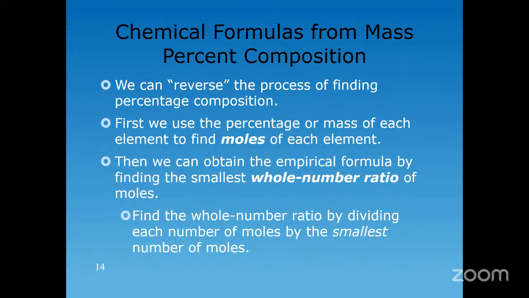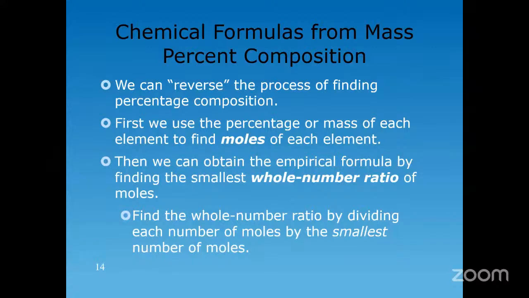The other step that you need to take is that you're going to determine the whole number ratio. Well, first, before that, I'm jumping a step. What you need to do next is find the moles of each element based on the masses that you have obtained. And then after you find the moles, you find the simplest whole number mole ratio for each of the elements. And that will give you basically the empirical formula, all right?